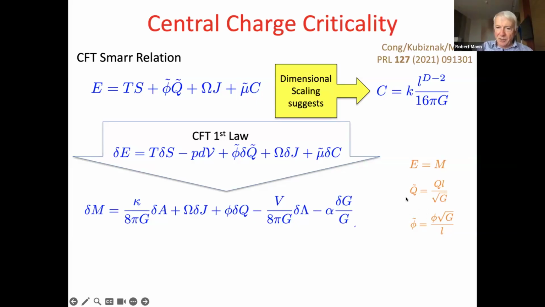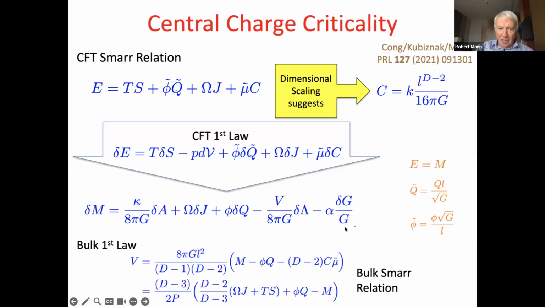But when you insert these relations in here, you get this kind of relationship where it looks like you need to vary Newton's constant. And when you do this, we discover that in order for this to be dual to that, this volume here, notice it's not the same as that script volume there, has to be related to these other quantities like so.